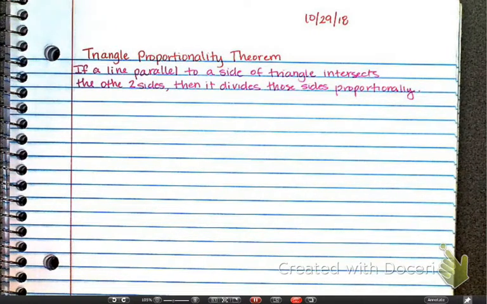So if a line parallel to a side of a triangle intersects the other two sides, then it divides those sides proportionally.